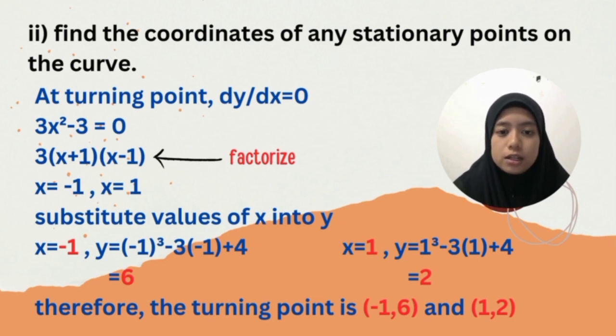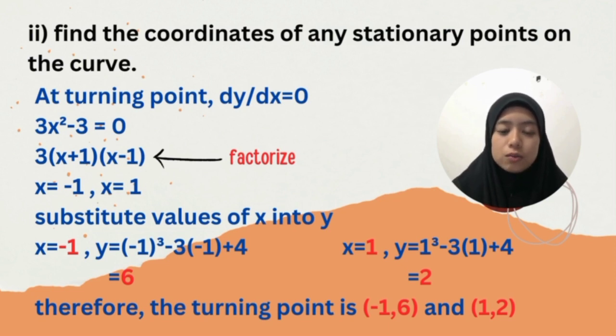Then we factorize it, and it will get 3 open brackets x plus 1 close brackets open brackets x minus 1 close brackets. So the first x equals negative 1 and the second x equals 1, which is positive. Then we substitute the values of x into y.